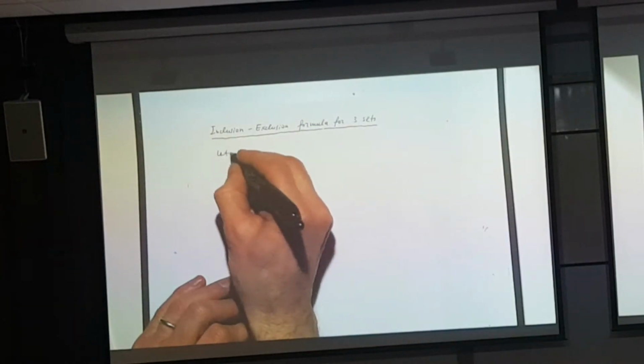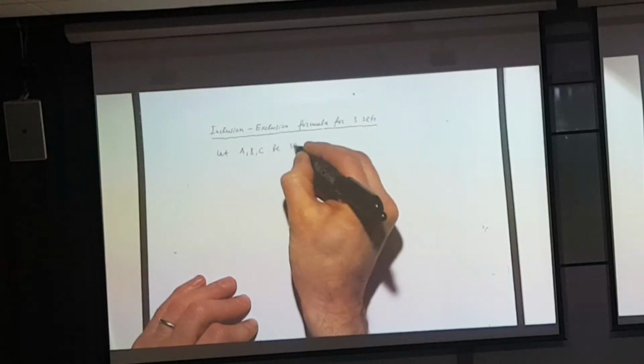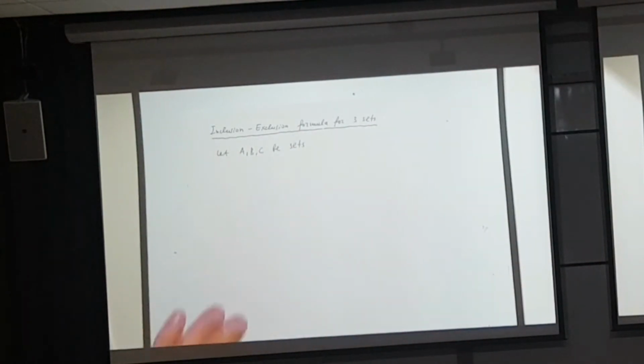So let A, B, and C be sets, and we would like to find the formula giving the number of elements in the union of all 3.